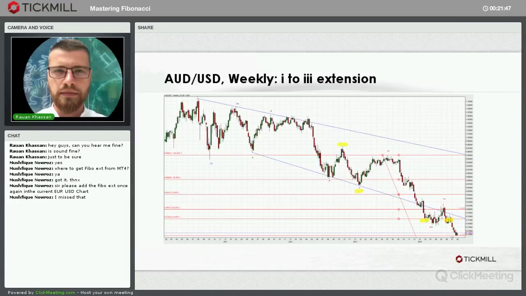Mashfik, do you mean EUR/USD or AUD/USD? Okay, so let's see if the chart is working fine. I need some more time to upload it, but it should be fine for you. In general, you need to connect the starting point of the wave and the finishing point of the wave.